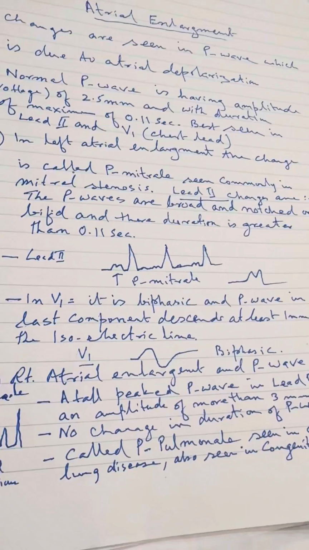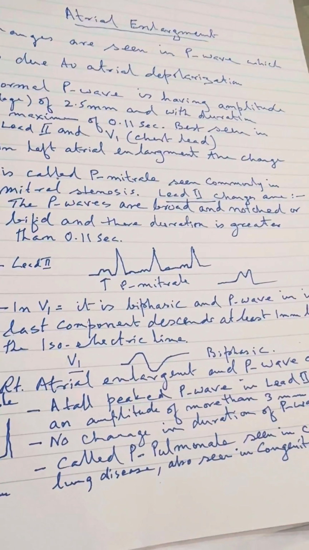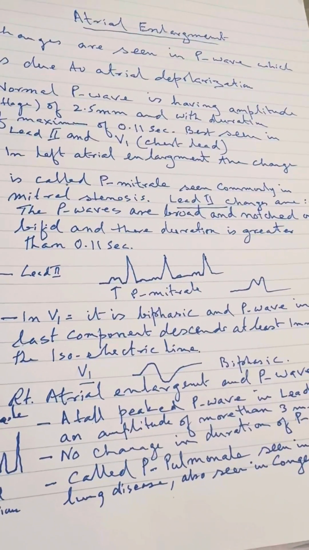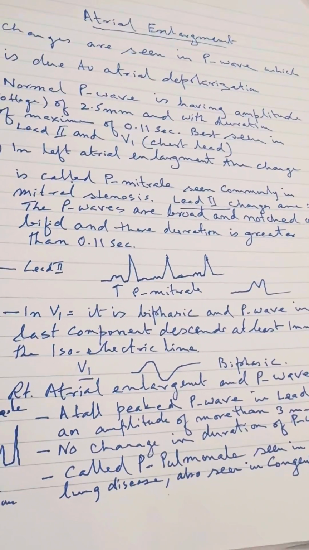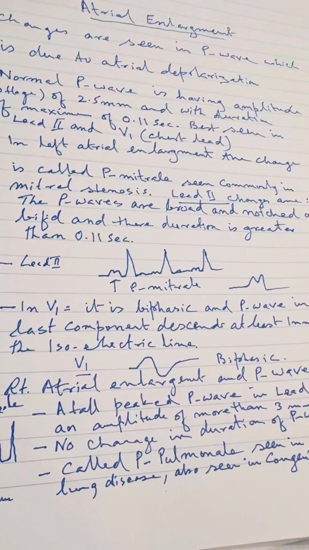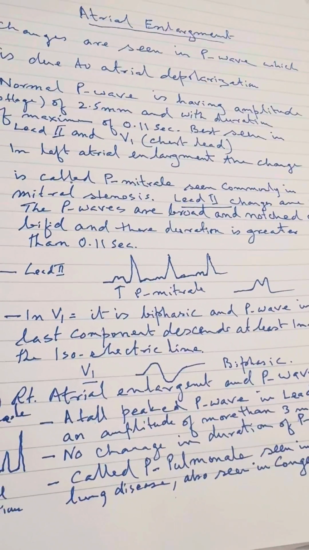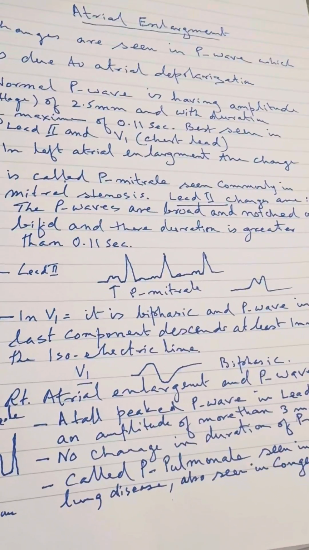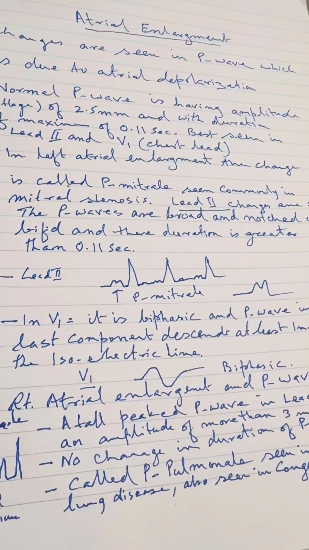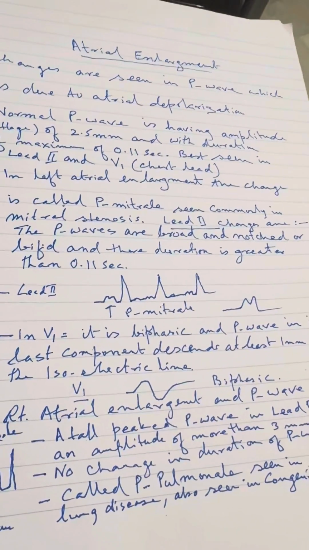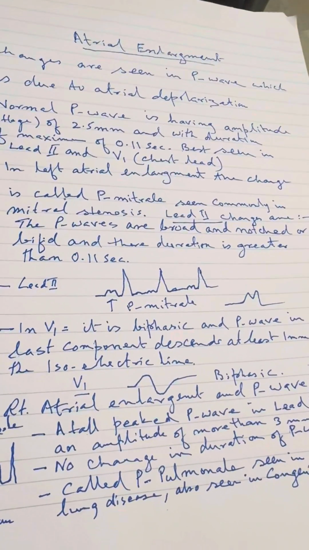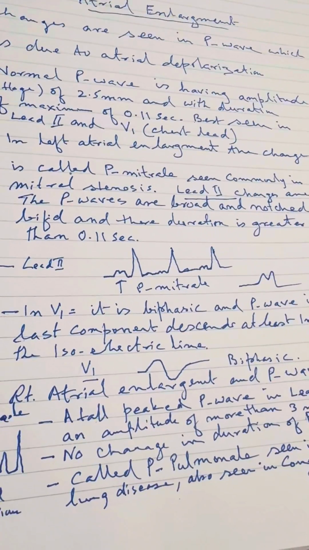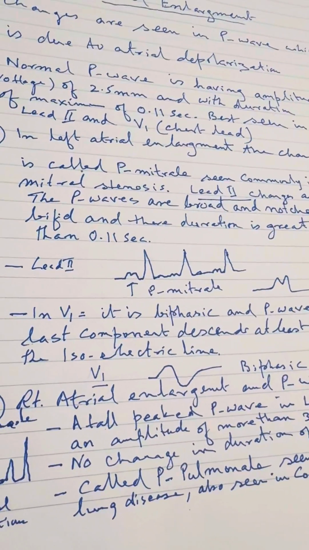So it is known as P mitral when the left atrium is enlarged, and here the P wave has got bifid or two peaks, one after another, and like a notch in between, and it is best seen in lead 2 and V1.